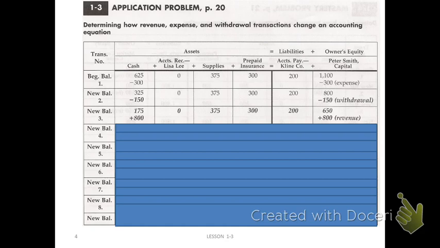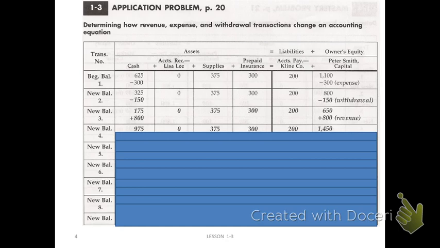So both sides were increased by the same amount. That should indicate that the accounting equation is in balance, but let's go ahead, update our balances. Our cash increased up to $975. Our capital also increased, this time up to $1,450 because of the increase of revenue of $800.